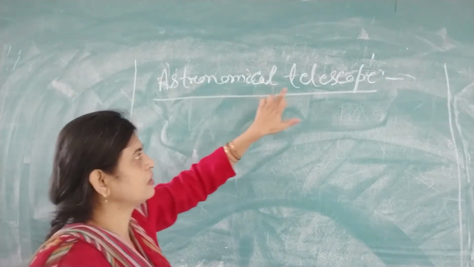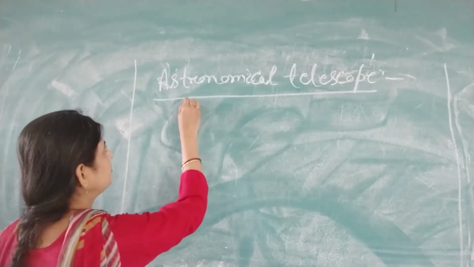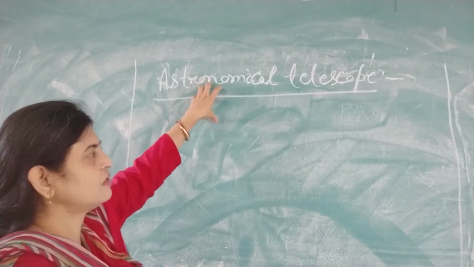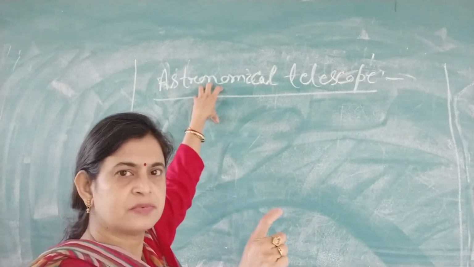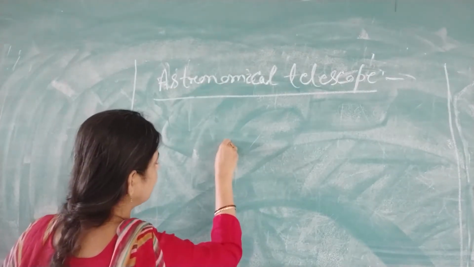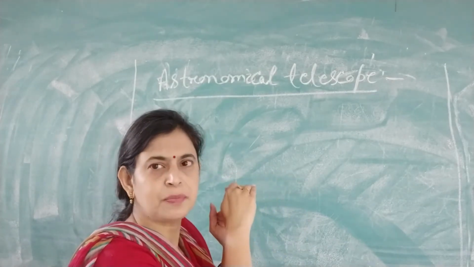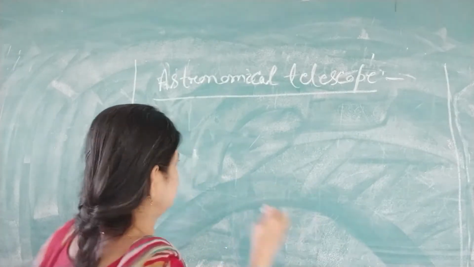In the astronomical telescope, which is a refracting type telescope, there are two lenses placed coaxial, meaning they are placed on the same axis.